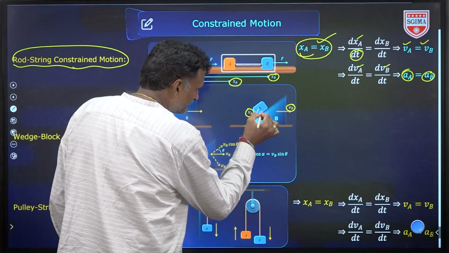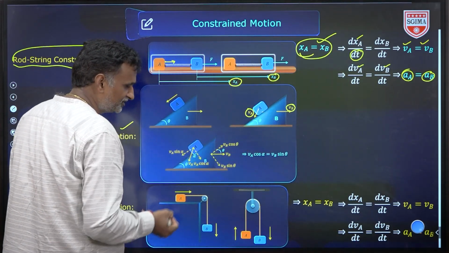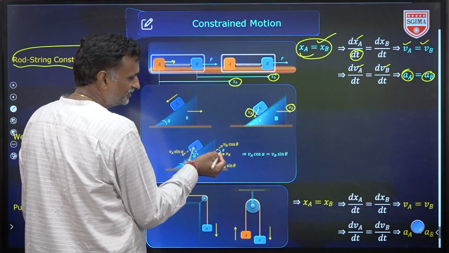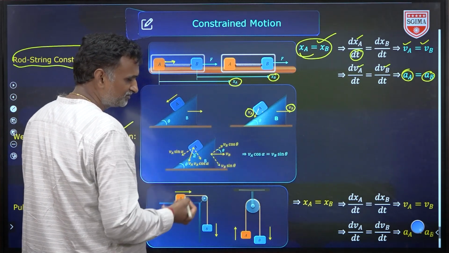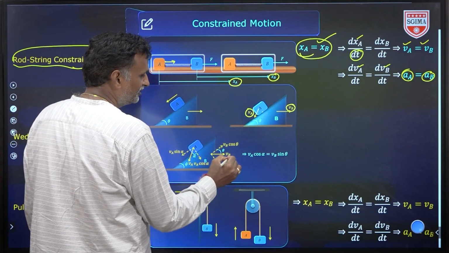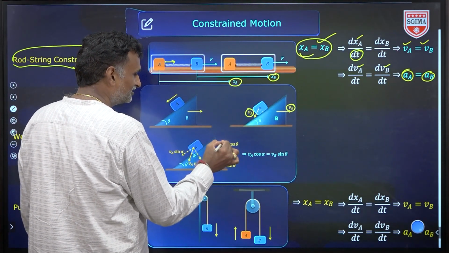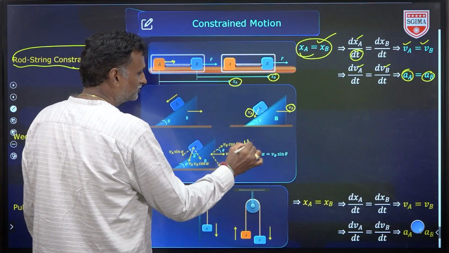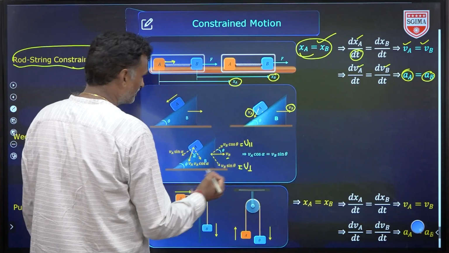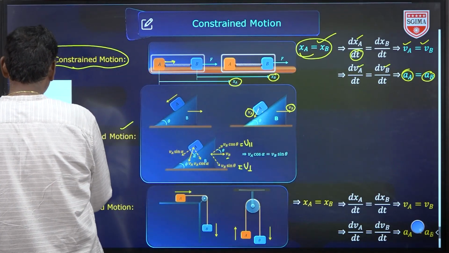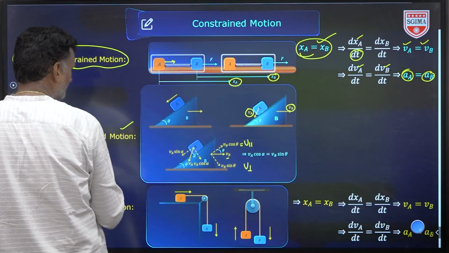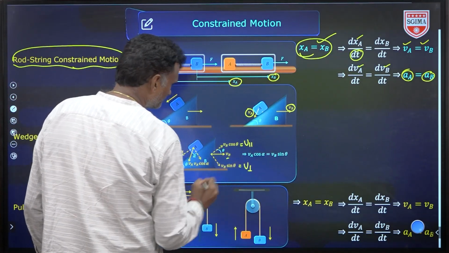To maintain this contact, let us see. First of all, we need to take the components. Vb is to the right side. Here theta was taken to give clarity, but actually we can take alpha only, no problem. Vb has a component parallel to the wedge, and this is the perpendicular component for the wedge.